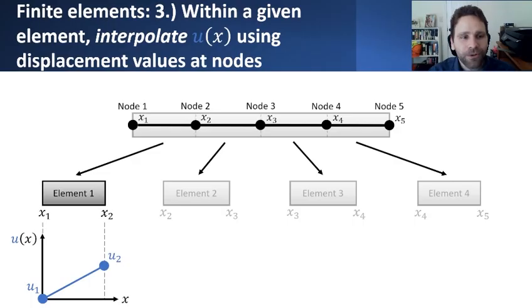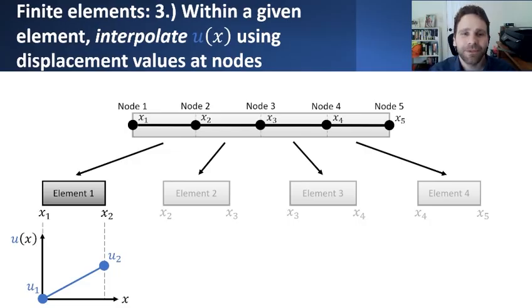Then, over each one of these elements, I suppose that I can represent locally the solution for my general displacement field in terms of only the displacements at the nodes of interest for this particular element. So I suppose that each one of these individual nodes in the domain, these discrete points, 5 of them in this particular example, may displace independent of one another.